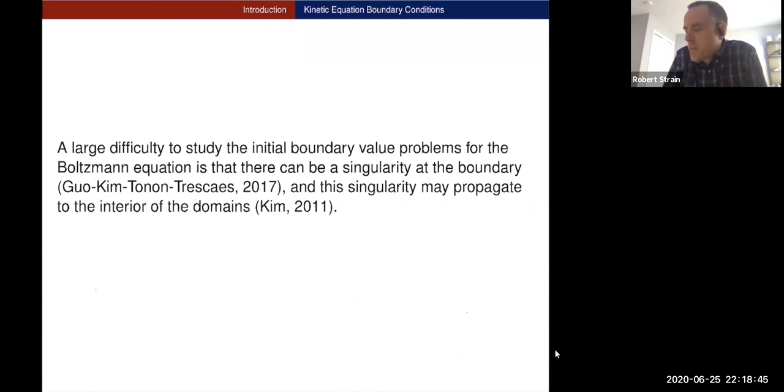This is a very interesting example by Chanwoo Kim from 2011, where, for a specific example of the hard sphere Boltzmann equation, he can propagate a singularity given on the boundary to the interior of the domain. So for these kinds of kinetic equations, you really can have singularities, and they can propagate to the interior of the domain. And so it can be hard to study the boundary value problem for kinetic equations with high regularity, because you can have singularities.